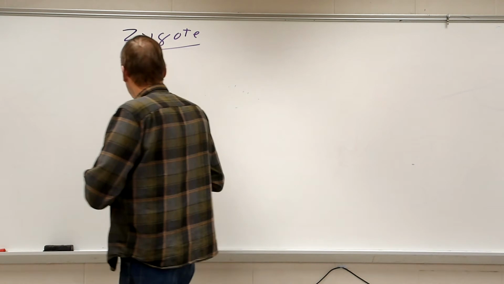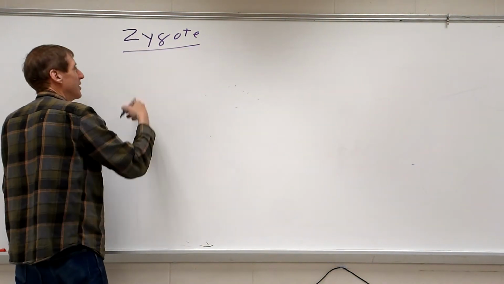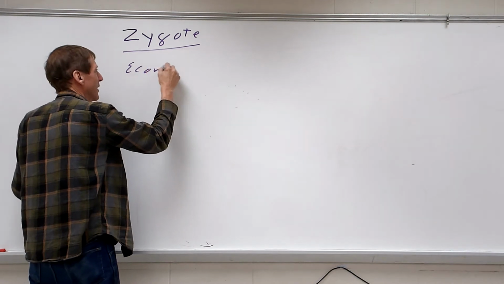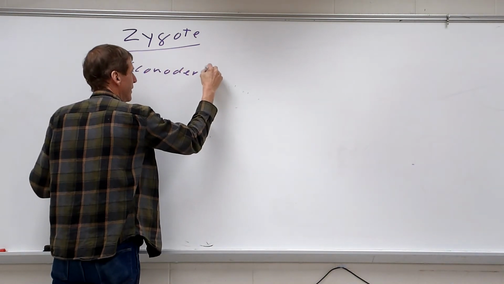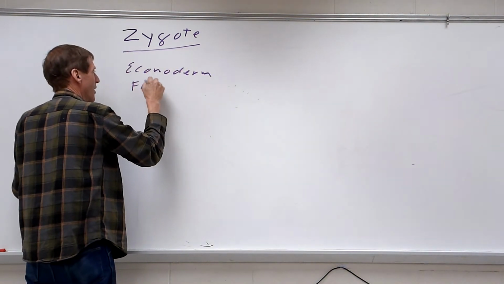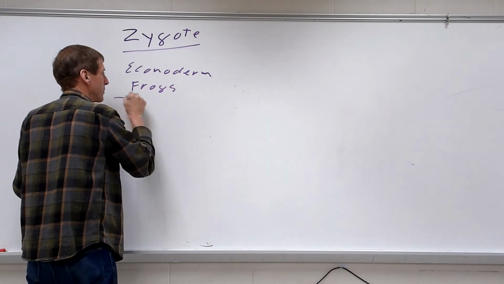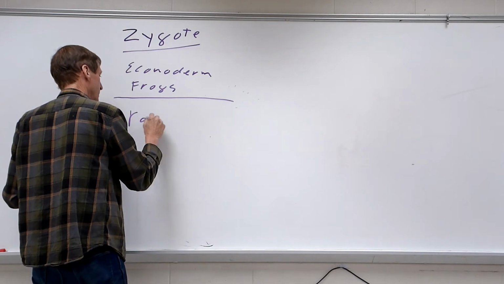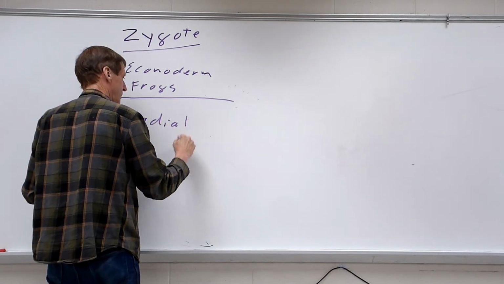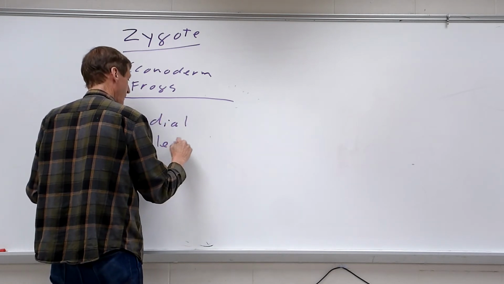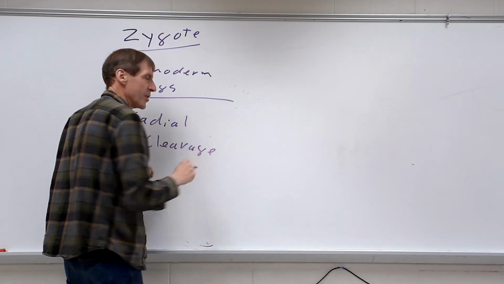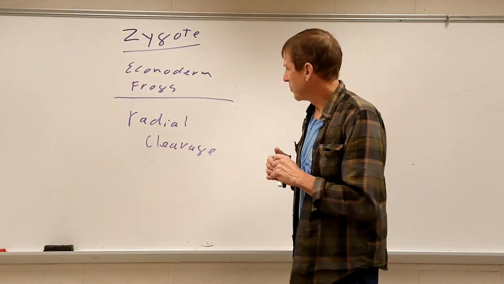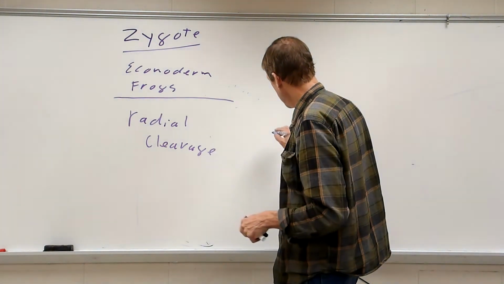For example, we've got one for echinoderms and the amphibians or frogs in our example. They have something called radial cleavage.